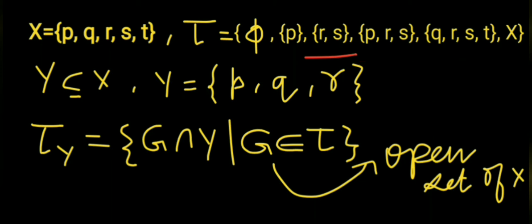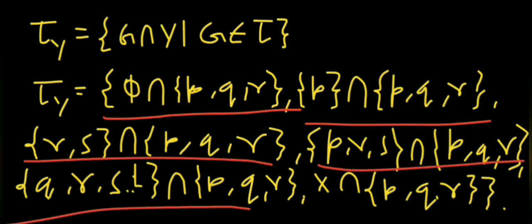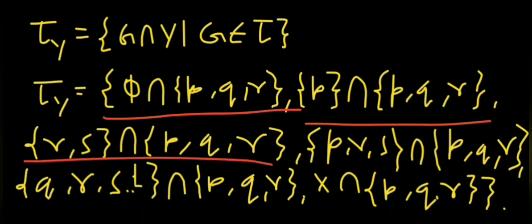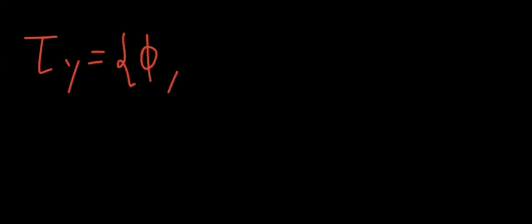Now the set tau Y will contain members like this. Now we will take the intersection of these sets one by one. Phi intersection {P, Q, R} is again the set phi.